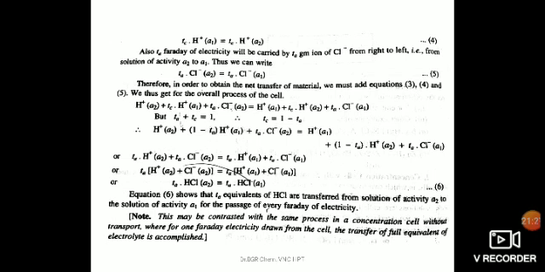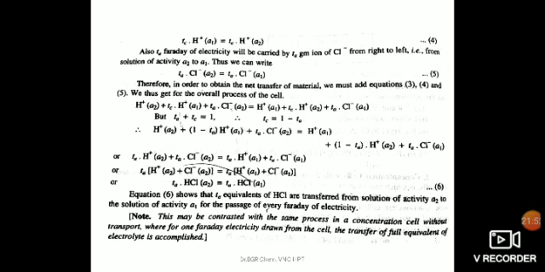And we know that the transport numbers Ta plus Tc is equal to 1, so that we can have an expression for Tc as 1 minus Ta, and wherever Tc is there, we can substitute 1 minus Ta. Therefore, that equation takes the form H plus A2 plus 1 minus Ta into H plus A1 plus Ta into Cl minus A2 giving rise to H plus A1 plus 1 minus Ta into H plus A2 plus Ta into Cl minus A1.